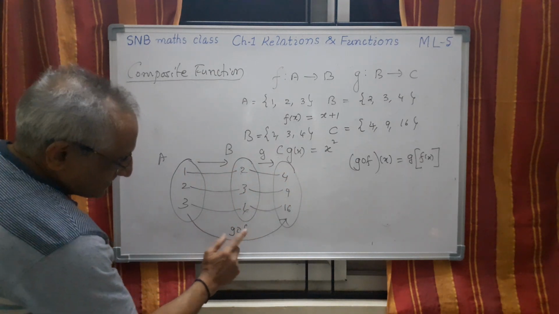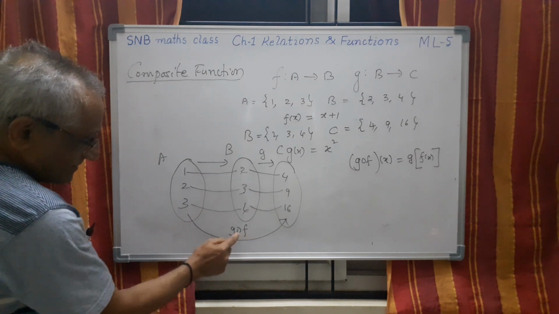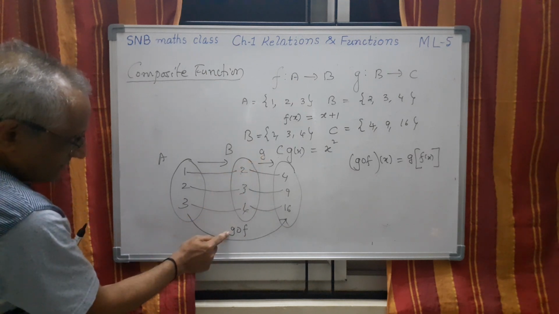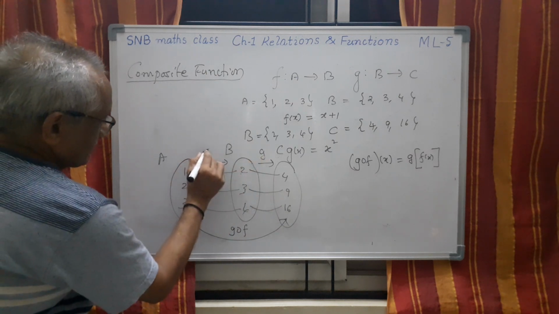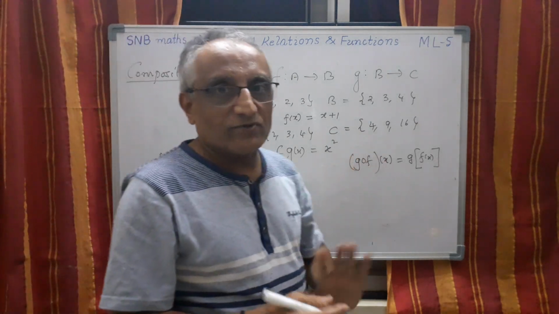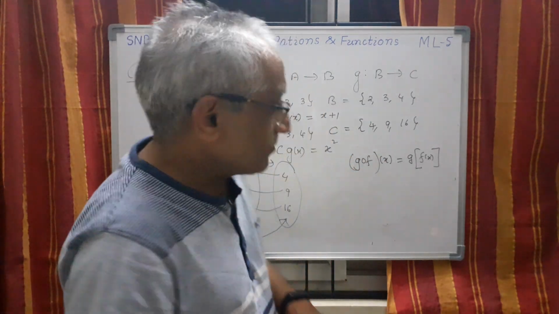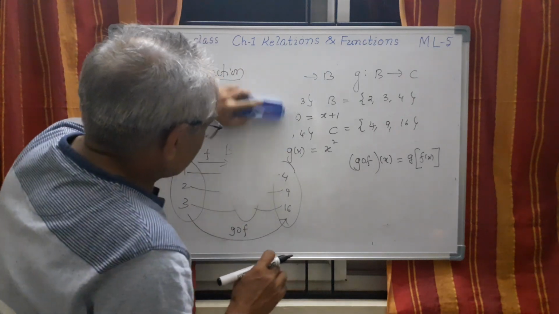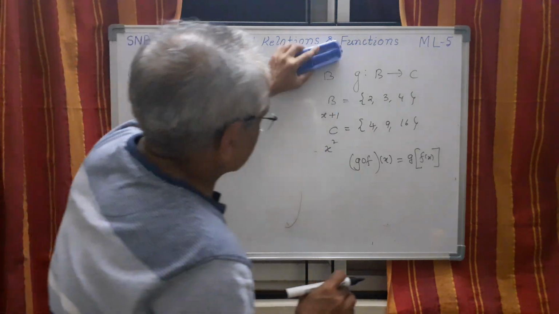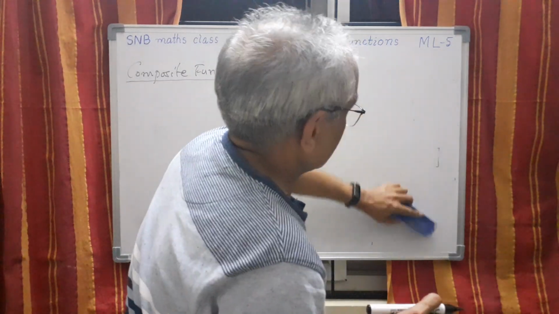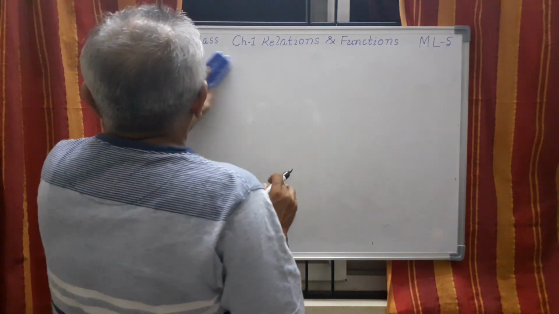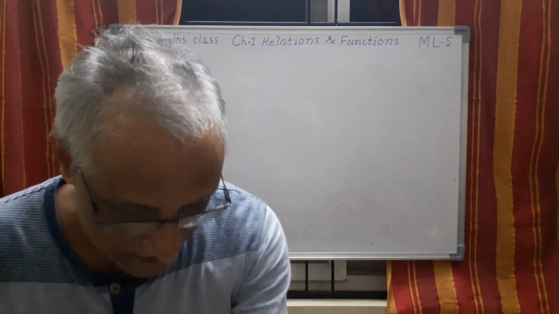When you write here, it is reverse, because F comes here, then G here. G comes here, F comes here. So these are the two things you have to remember. So the composite function is the function of two functions.